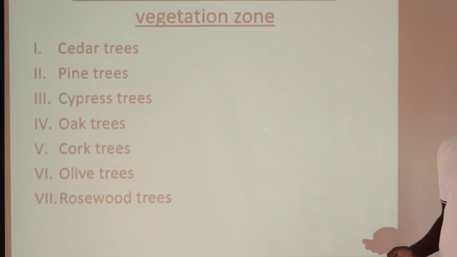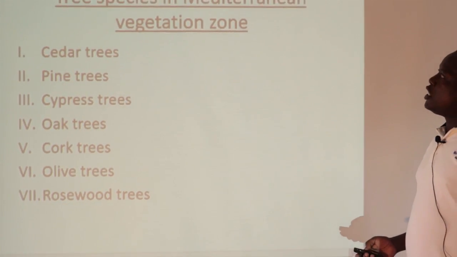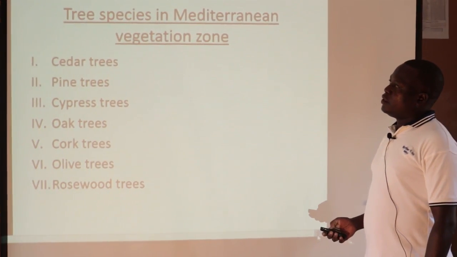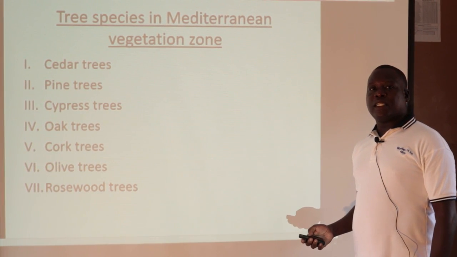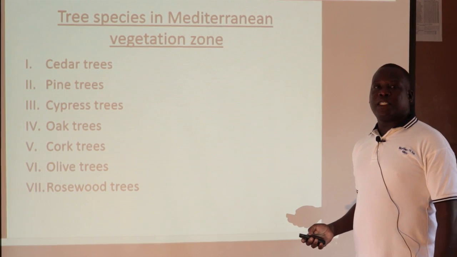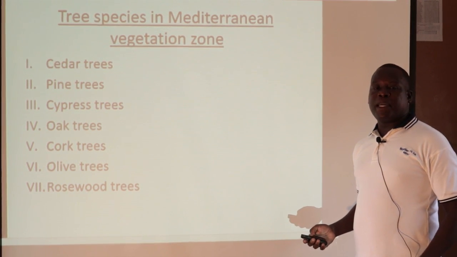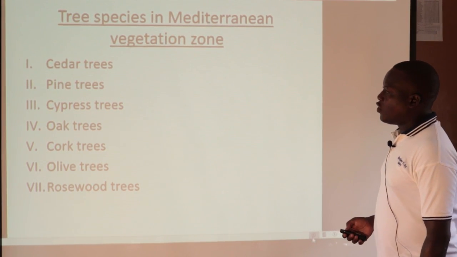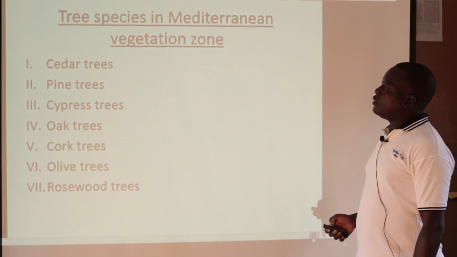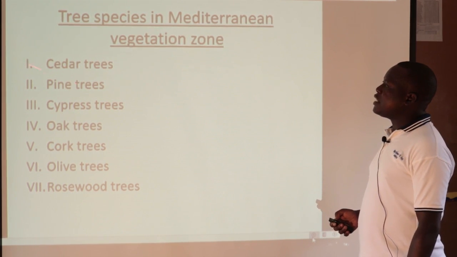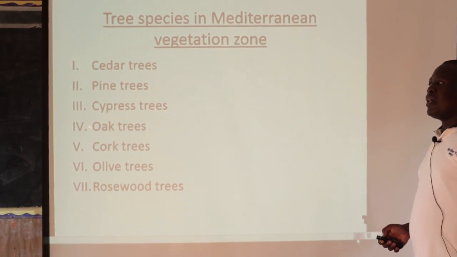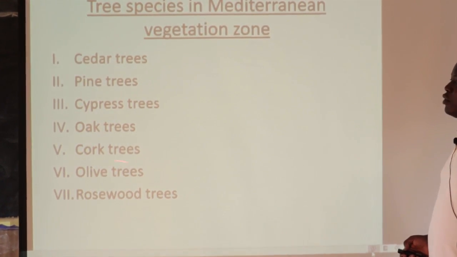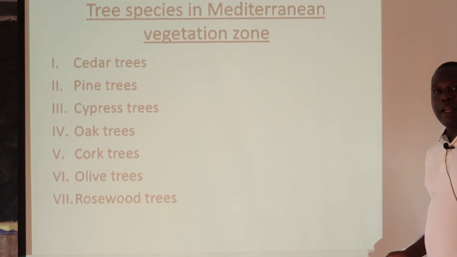We want to look at the tree species in Mediterranean land. So why are we focusing on tree species? You will find that the tree species are of different types, and they mainly provide softwood. So one, we have the cedar trees, the pine trees, the cypress trees, the oak trees, cork trees, olive trees, and then the rosewood trees.